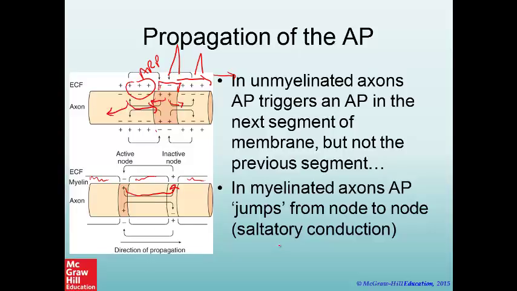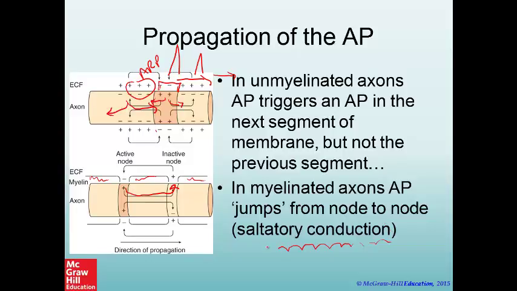So if you think about trying to pass something from seat to seat across the room, there's a delay every time you hand it off to the next person. Then he has to turn and hand it off to the next person. Then she has to turn and hand it off to the next person.